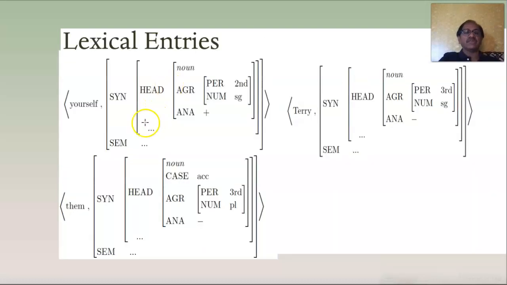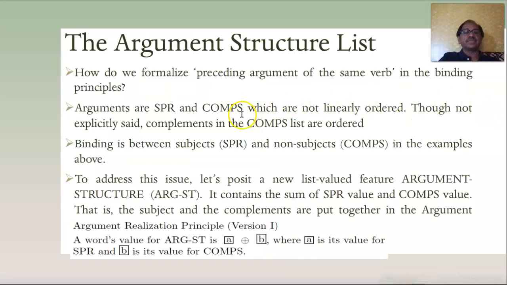But they are not linearly ordered. Also, we have seen that binding is between the specifier and non-subjects, particularly in 1 to 4 of the sentences which you have given, except in 1.